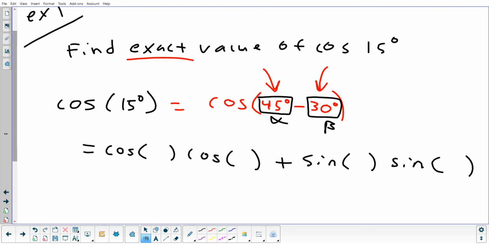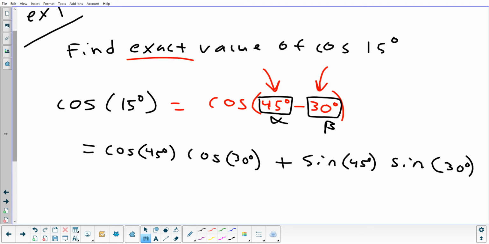And now what goes in for the arguments is first, second, first, second. So we've got 45, 30, 45, 30.